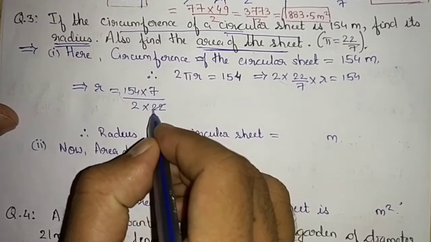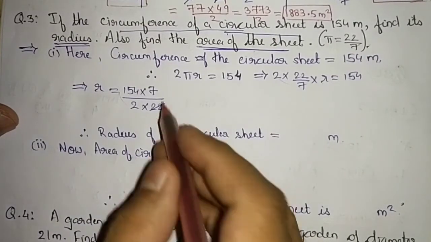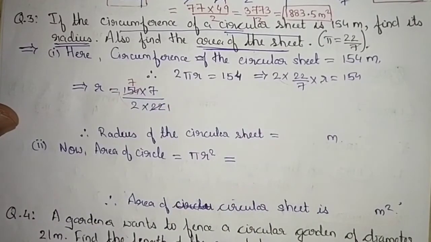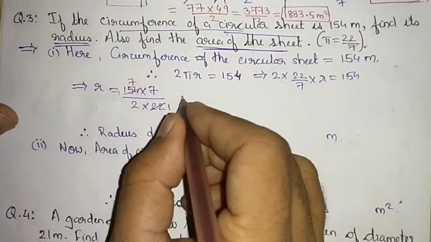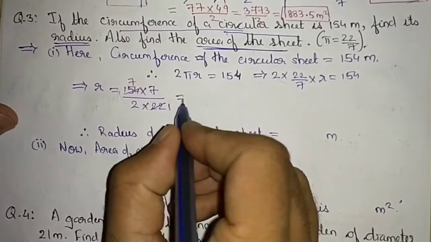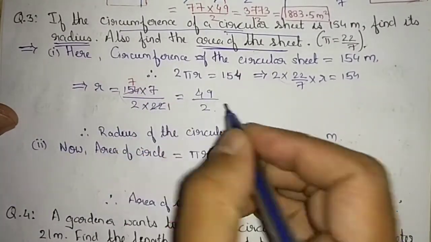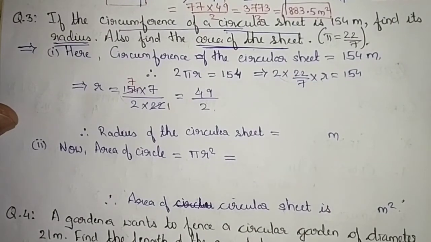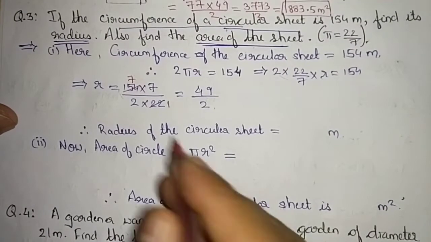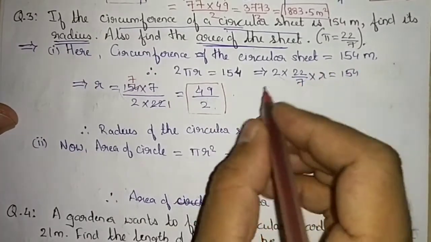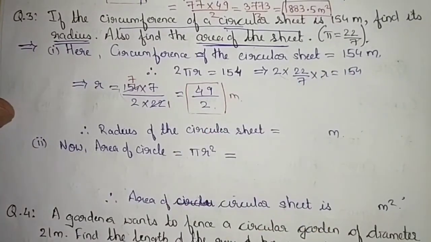How to calculate? 22 ones are 22 and 22 sevens are 154. So it will give me 7 sevens are 49, divided by 2. This is the radius which we got, r, and that is in meter. So we will write m.